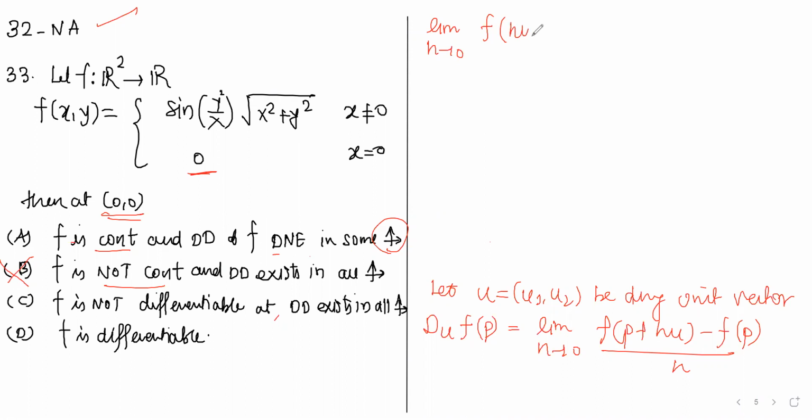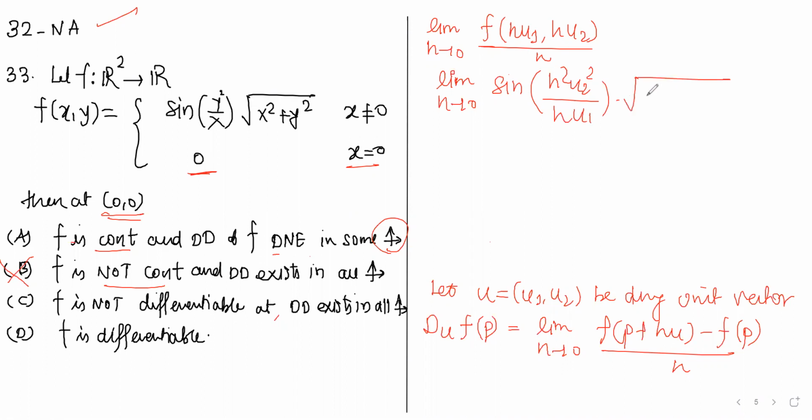So that will give me h u1 comma h u2 minus f of p is 0, upon h. That gives sine of h square u2 square over h u1 into under root of h square u1 square plus h square u2 square, over h.